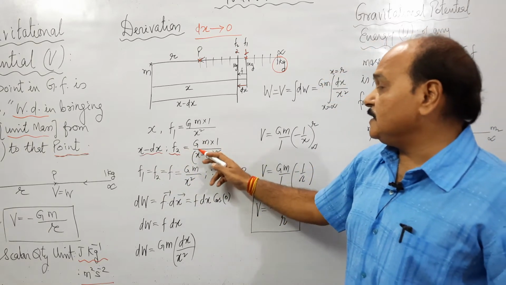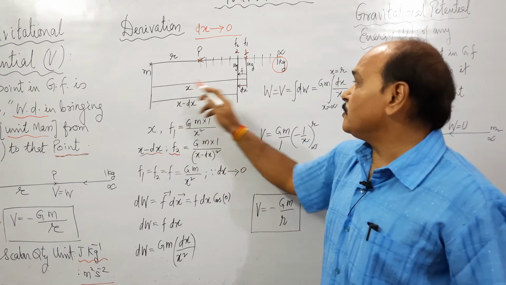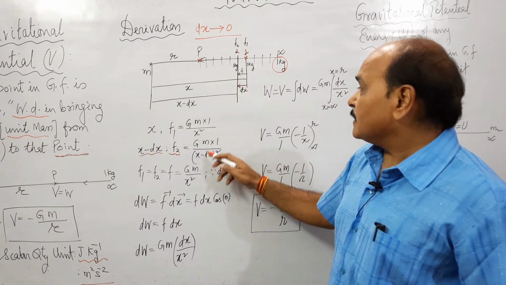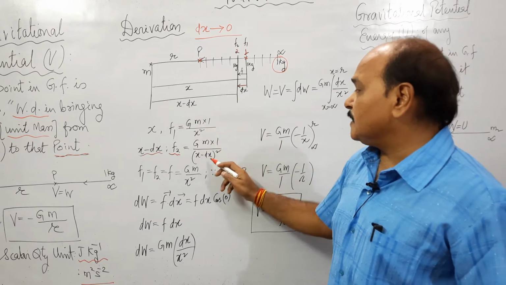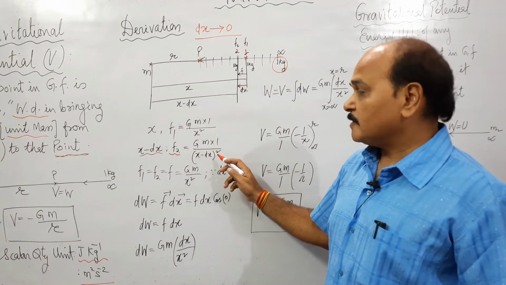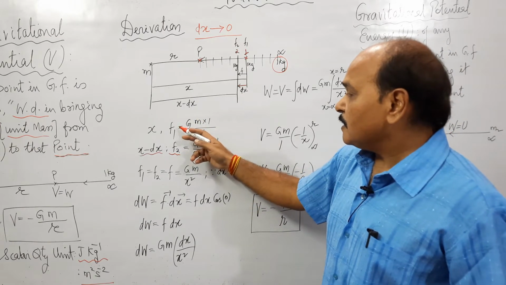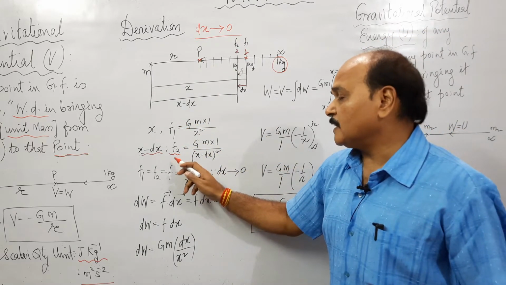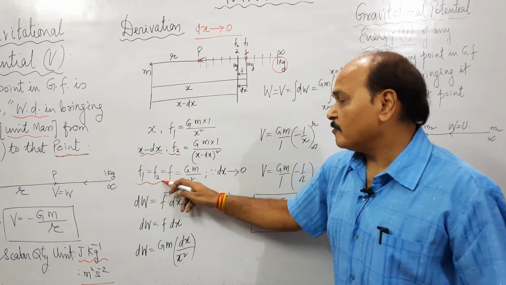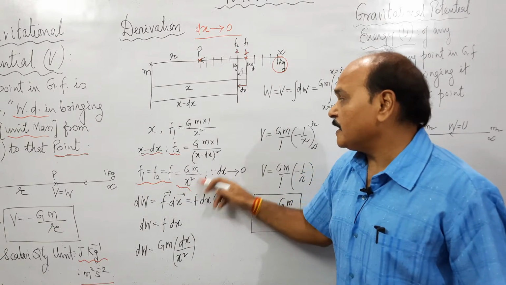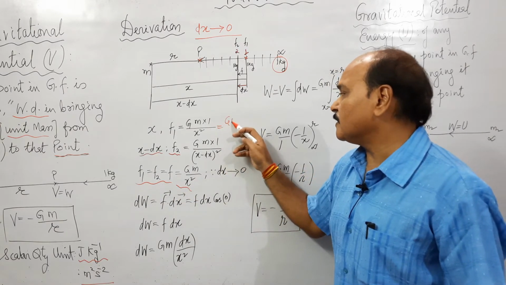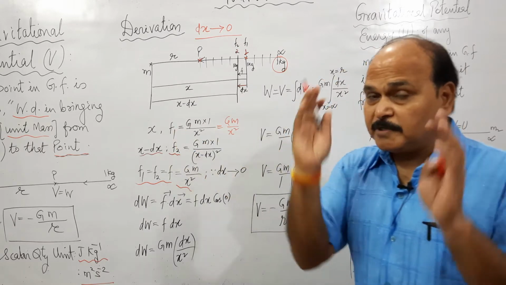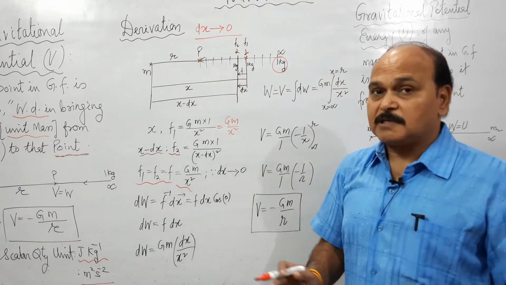This force is G m into 1 kilogram upon square of distance, that is (x minus dx) whole square. Well, this F1 can be assumed to be same as F2, and that can be taken as F, and that is equal to GM by x square. So both these forces F1 and F2 can be taken as equal to each other.